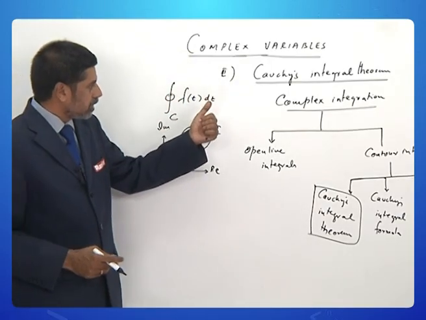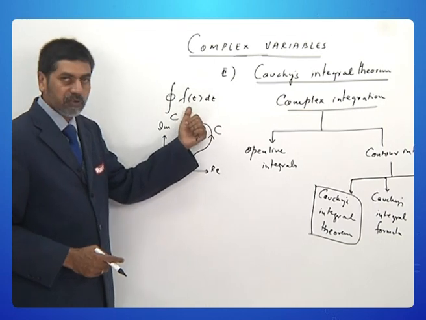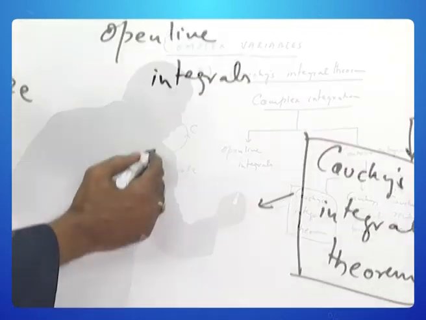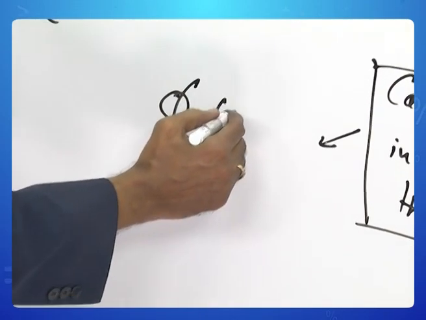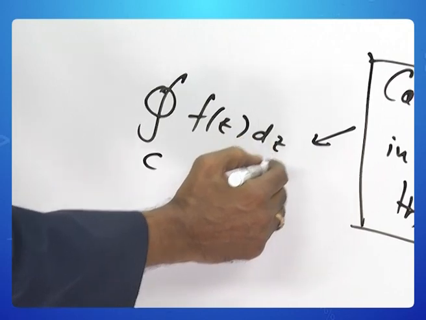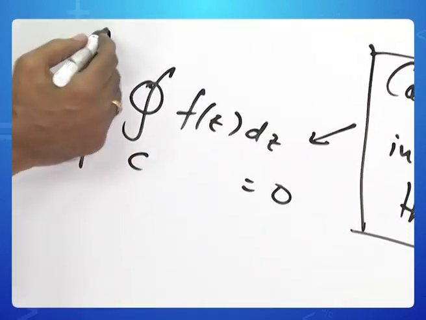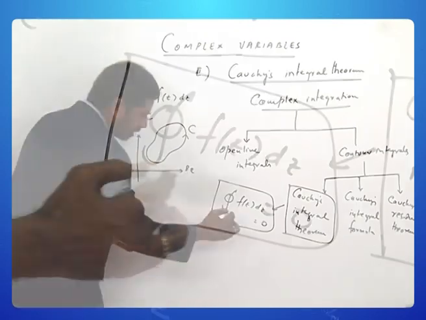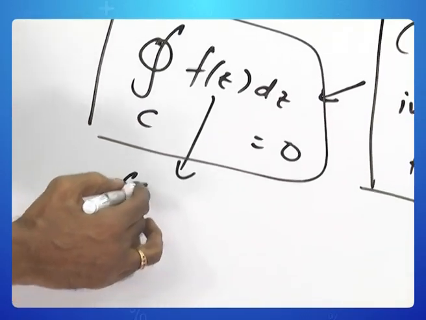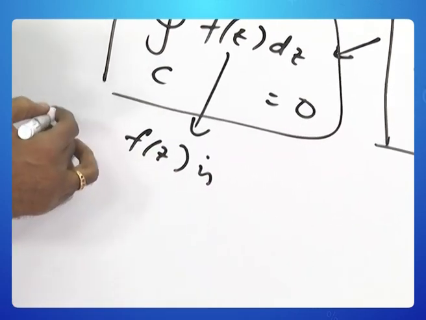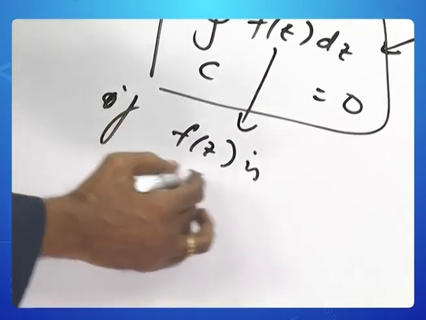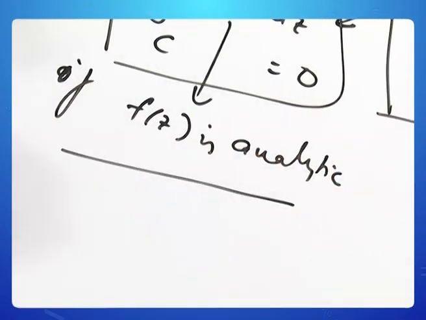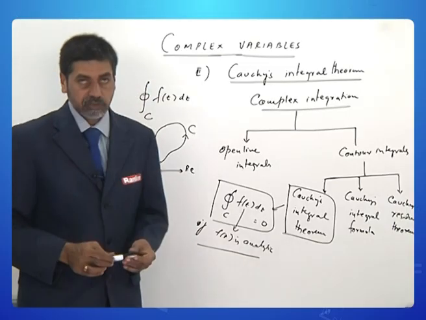In the Cauchy's integral theorem, the output of integral f of z dz over C will be 0 provided a very strong condition is satisfied. That condition is when f of z is analytic. What do you mean by an analytic function?